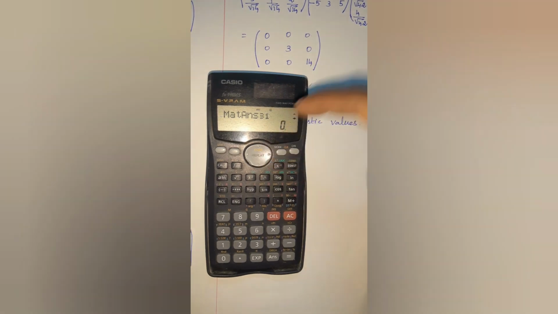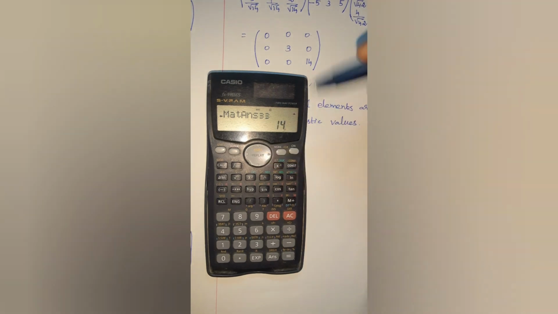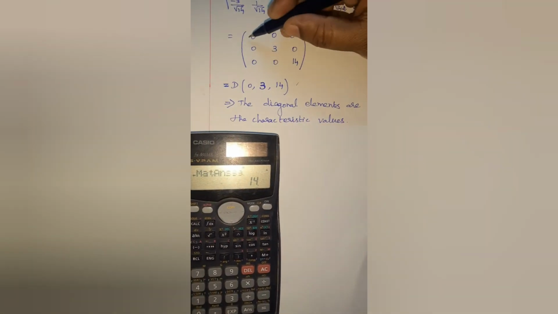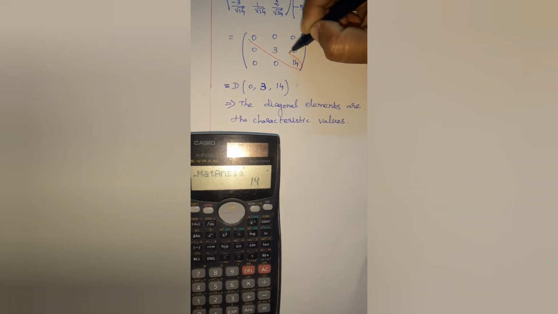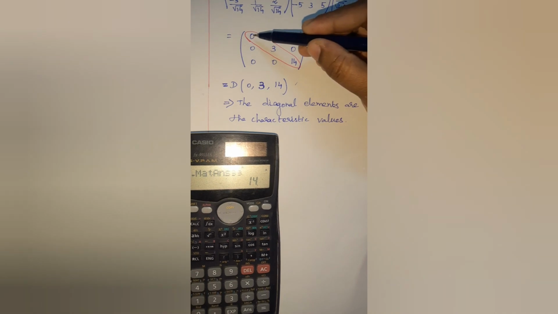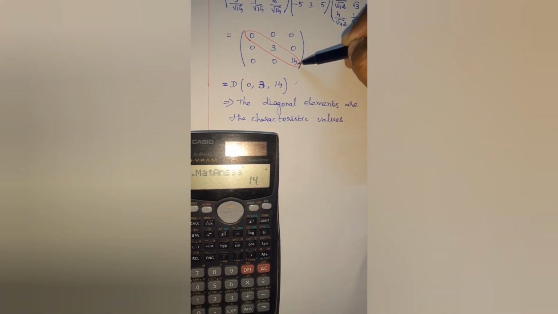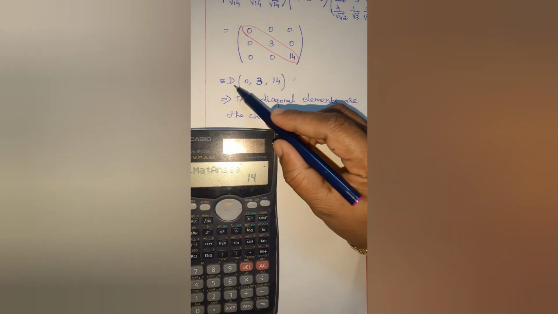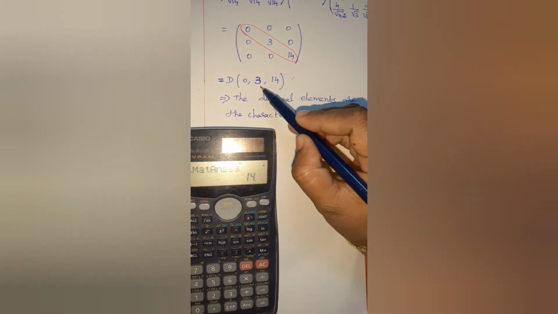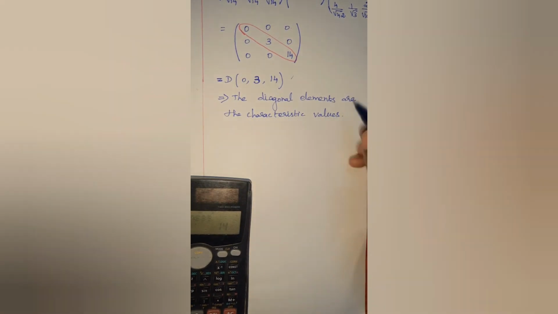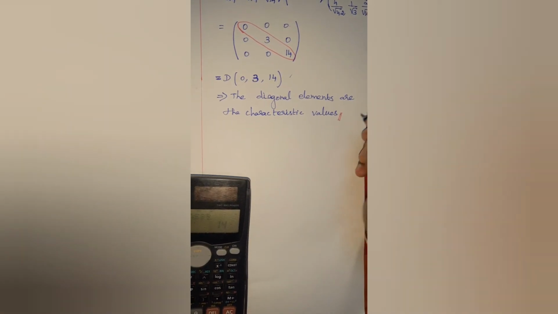And then A31 is 0, A32 is 0, A33 is 14. Note that your diagonal entries are your characteristic values. This is the main point, right? 0, 3, 14 are your characteristic values. So just simply write it as D, diagonal form 0, 3, 14, which implies the diagonal elements are the characteristic values. That's all.